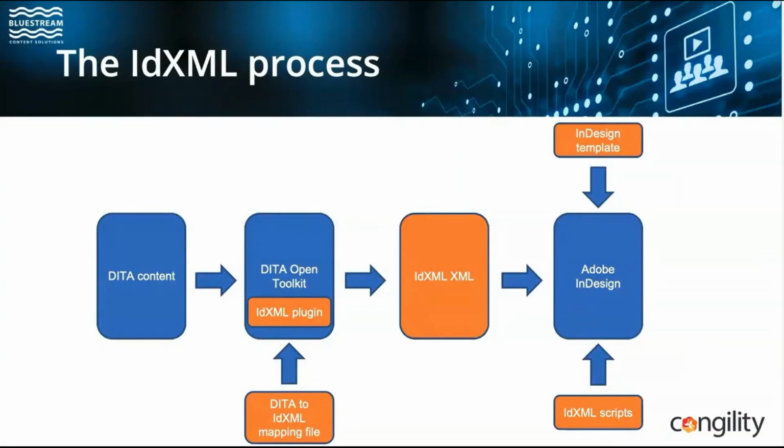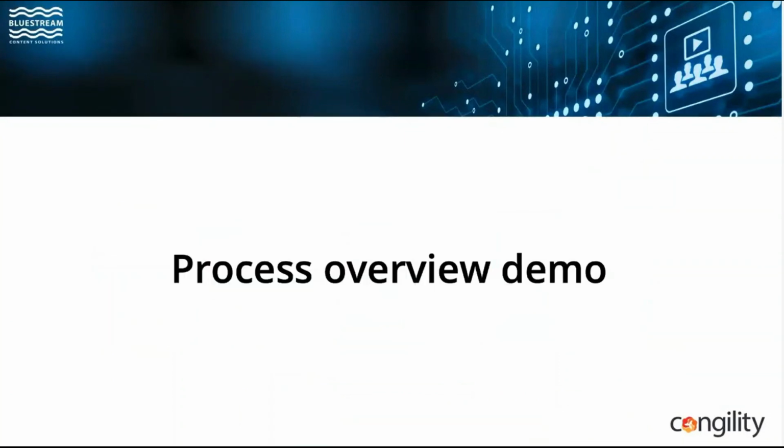So that was the 5-minute whiz through of IdXML. I hope it initially makes sense. I'm going to hand over to Mike now, who's going to run you through a simple example which uses a brochure as an output.